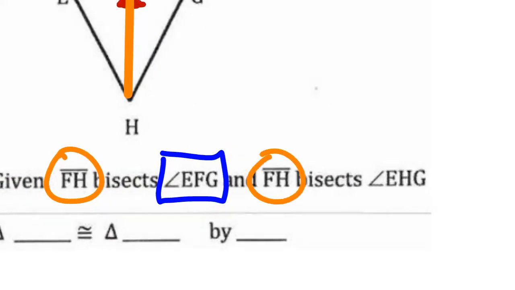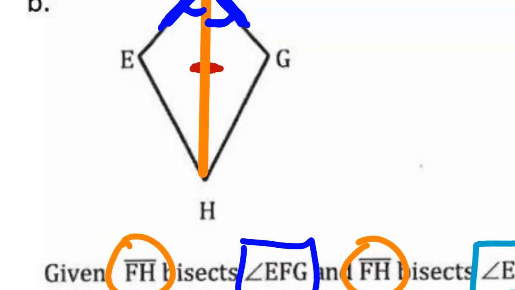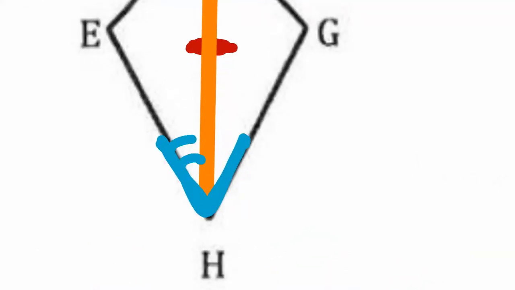And then it tells me that FH is doing more bisecting. It's bisecting angle EHG. Where should I look on the picture for angle EHG? What's the vertex? Down at the bottom. The vertex is H, so I'm looking at this angle right here. That's EHG. That angle is being cut in half, so those two sides are congruent.